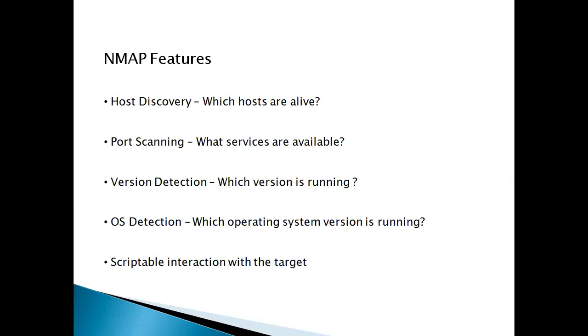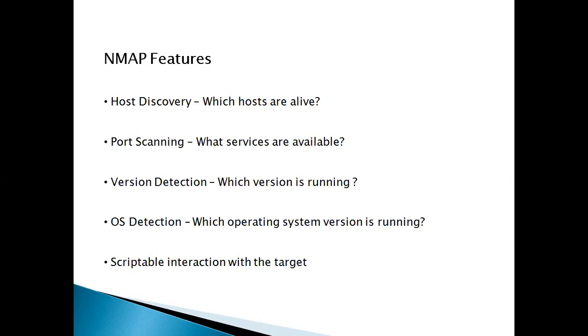Next one is version detection. Already discussed which version is running on the target machine. It means interrogating network services on remote devices to determine application name and version number. Operating system detection: determining the operating system and hardware characteristics of network devices.